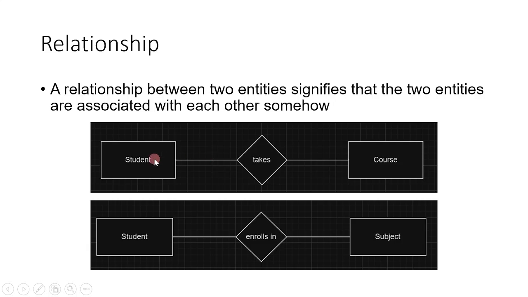For example, one course is taken by many students, or many students take one course. Okay, that one and many are actually our cardinalities.